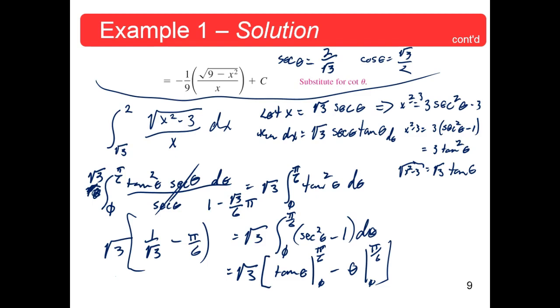Square root of 3 is 1.7, and that's 2. So it's a really small interval of x. The important thing is it doesn't include any place where any of our functions are not defined. In other words, you're basically all in the first quadrant, okay? Because everything here is in pretty good shape.